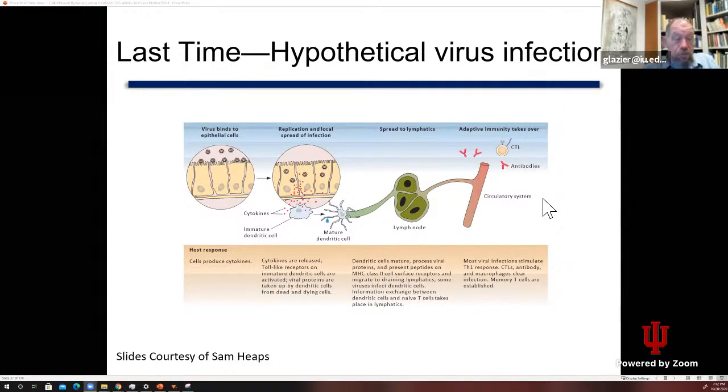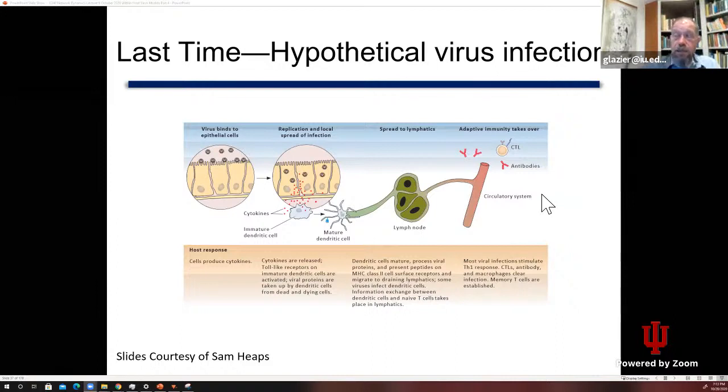Things are a little more complicated because there are more cell types and more signals, but that's the basic idea. The text gives you a little bit more detail. There are quite a few steps here. There are quite a few molecular species, and there are quite a few processes, but that's the basic thing.